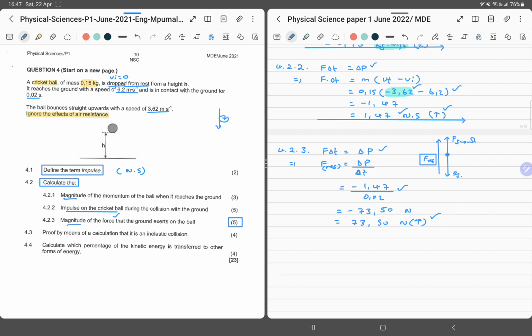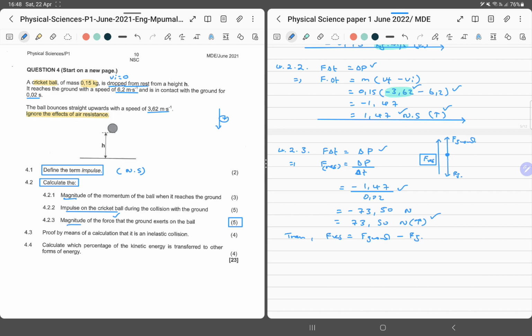So we can say this then implies that our resultant force is equal to the force by the ground minus, or you can say plus, depending on the signs that we choose, minus the force of gravity, right?